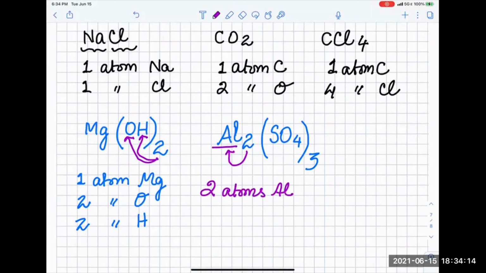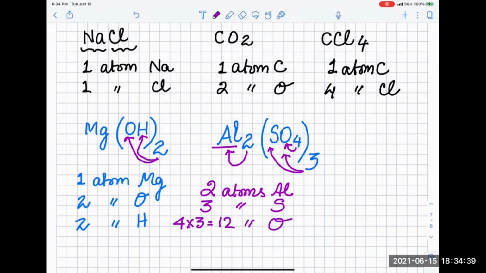Okay. Now, this 4 applies to oxygen. But keep this in mind, that 3 applies to sulfur, S, and 3 also applies to oxygen. So there are 3 atoms of S, that is sulfur, and 4 times 3 equals 12 atoms of oxygen.